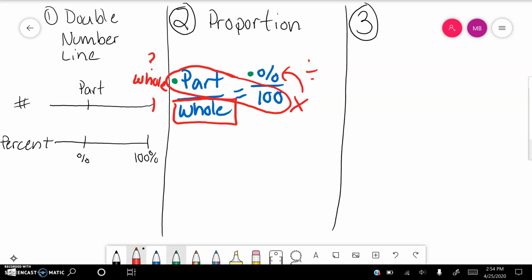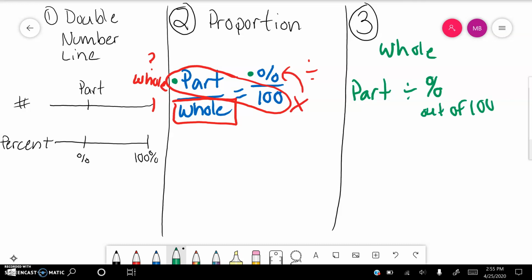Another way we can do this is our shortcut. So the shortcut for finding the whole is to take the part and divide it by the percent. Now remember, you're not just going to take the number for the percent, because percent means out of 100.